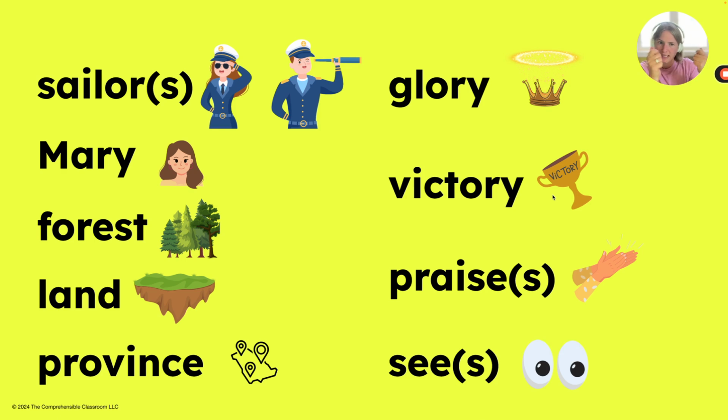Victory is going to be a trophy that says victory. Praises is going to be a picture of two clapping hands because applause, the end of applaud is L-A-U-D, which is the same spelling as the stem of the word for praises in Latin, which is laudat or laudant. And then sees is going to be eyeballs for seeing.